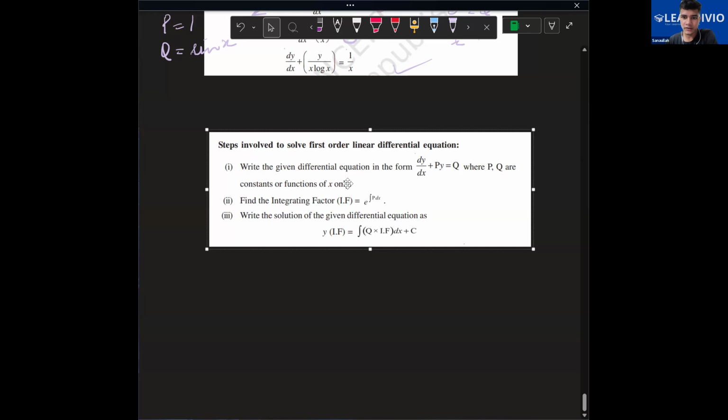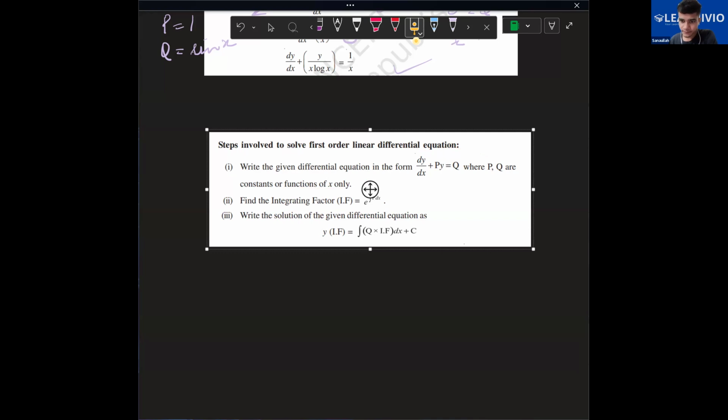So whenever you are trying to make your differential equation in this form, always take care that p and q are either constants or functions of x. This is very important.